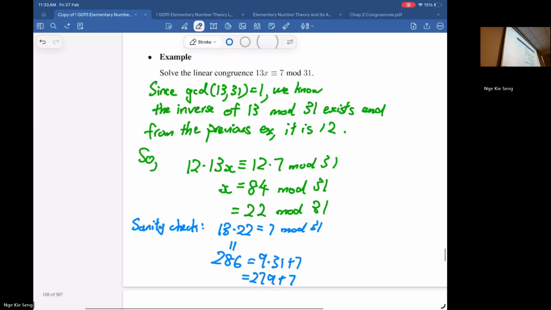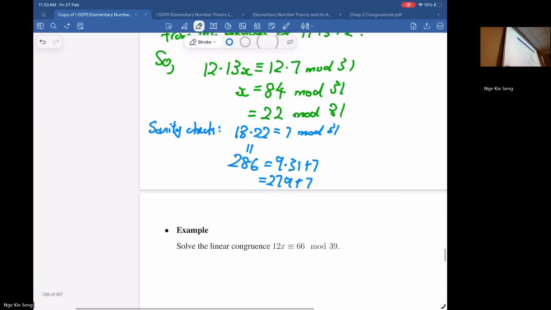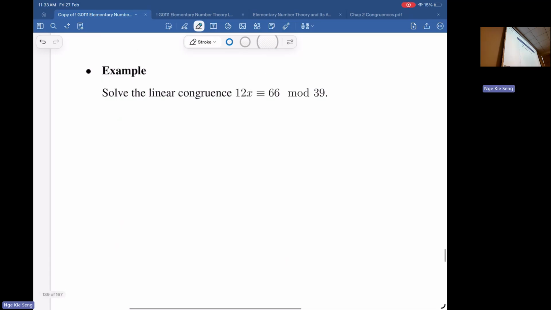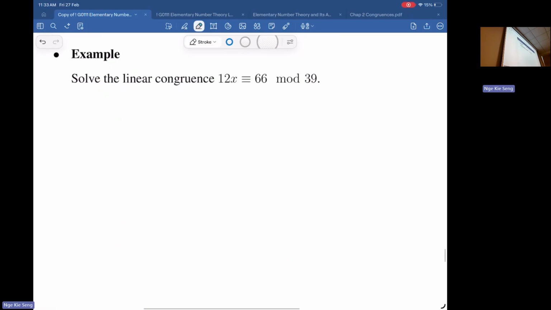Good. How about this one? I'll let you try. Solve this linear congruence: 12x equals 66 mod 39. I'll let you try 3 minutes.